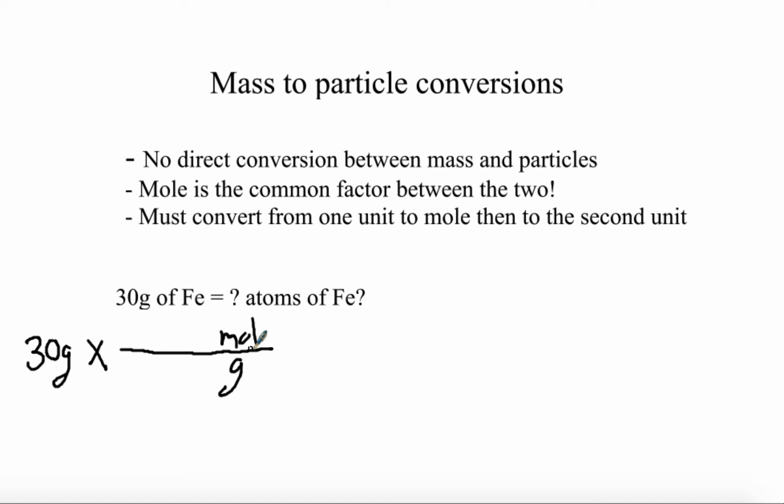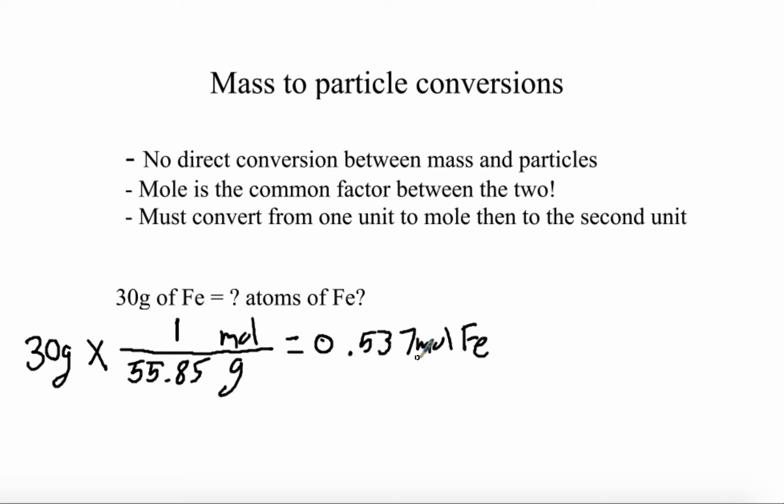Anytime you see grams involved with moles, it should come to your mind molar mass. Iron has a molar mass of 55.85 grams per mole. That means if I have 1 mole of iron, there are 55.85 grams. So 30 grams times 1 divided by 55.85. My 30 grams of iron contains 0.537 moles of iron.